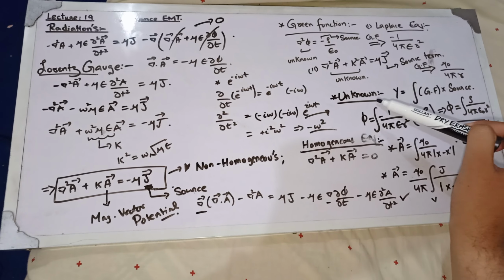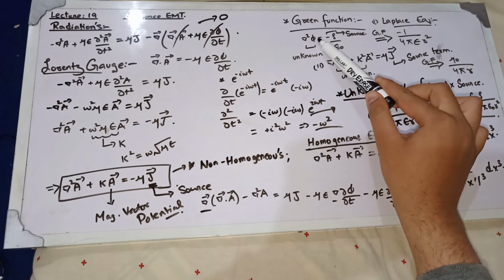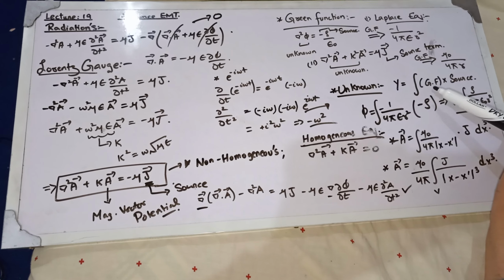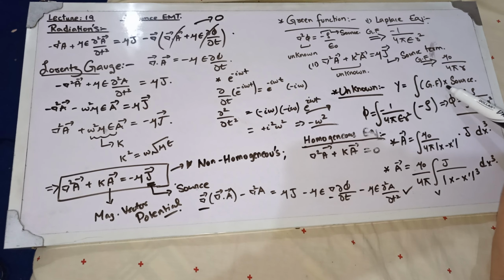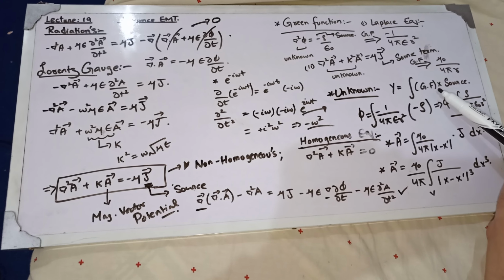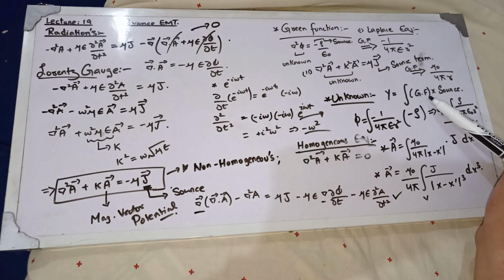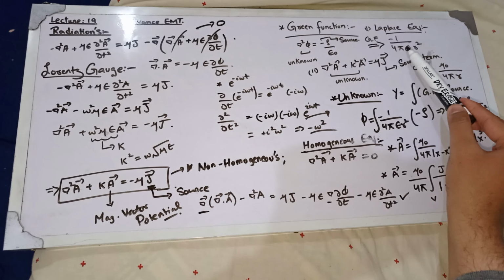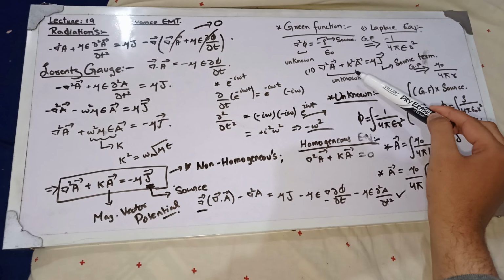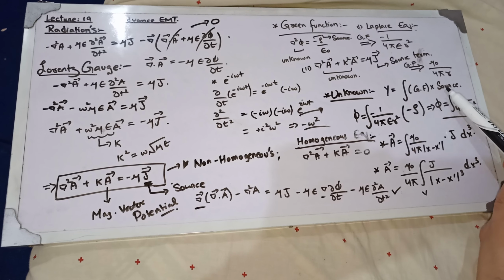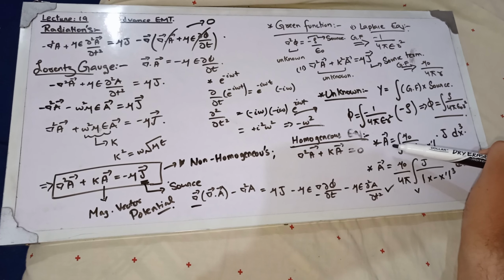So if you want to find the unknown, which in this one is psi, and in this equation the unknown is A, you just have to integrate the Green function multiplied by the source term. Every equation has its own Green function, you have to remember. Some I mentioned here, like for the Laplace equation the Green function is this, and for the magnetic vector potential the Green function is this. Just multiply with the source term, you will get your unknown.